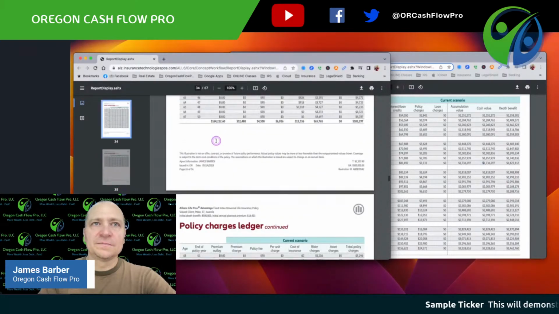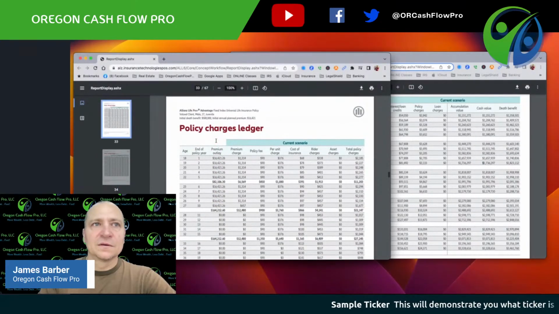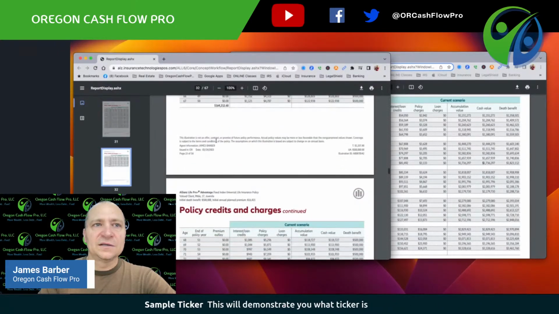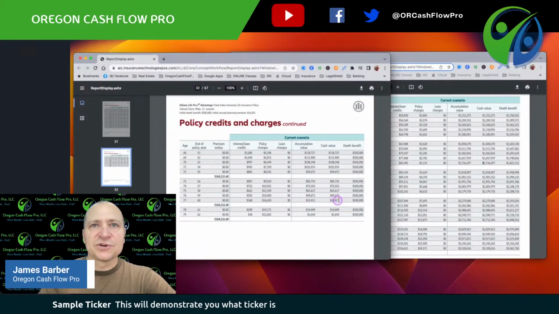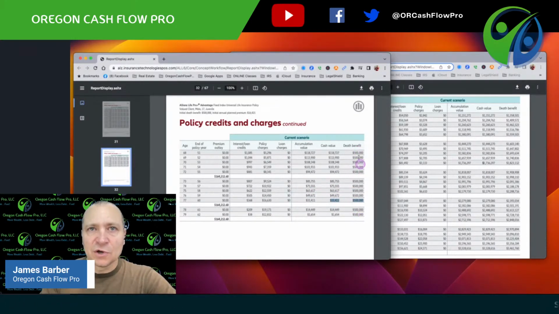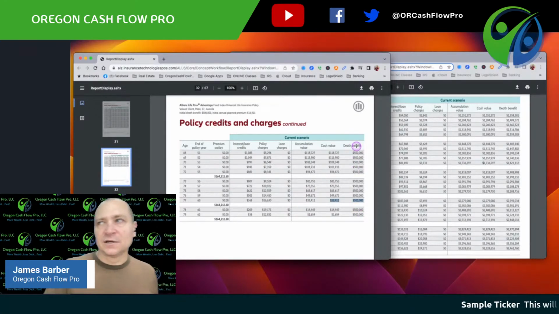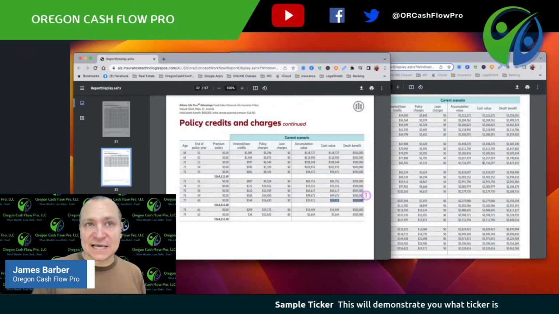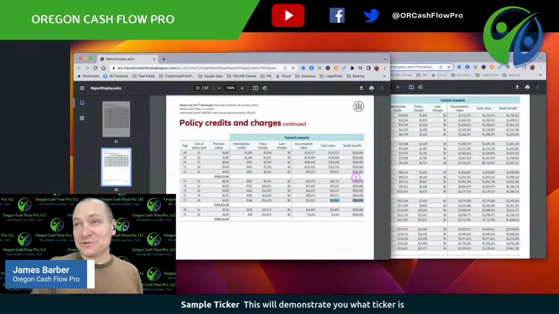Over here, this is illustrating age 77. This is illustrating paying for 470,000 in death benefit because it didn't let it reduce lower than the original 500,000. That's the software limitation. You actually can reduce that death benefit. We can reduce that death benefit.